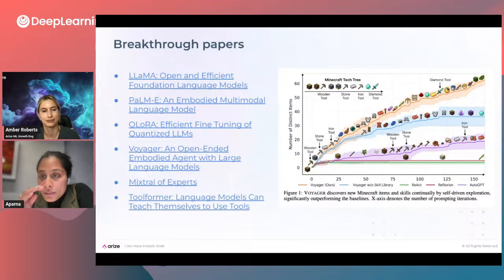We'll drop the slides and the links to all of them. There have been breakthrough papers on the foundational models, but also some on the architectures themselves. We'll go through a bit of those today, and we'll do an example paper reading.